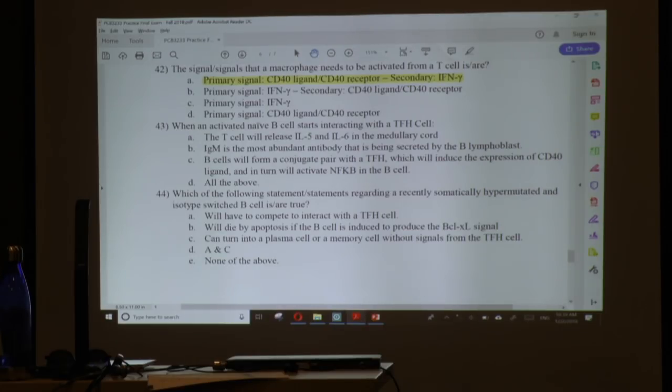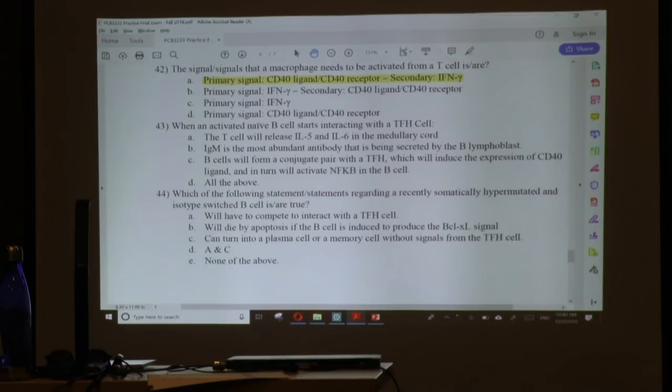B cell activation? Remember, when the B cell came out of the follicle after somatic hypermutation and isotype switch, you needed CD40 ligand interaction. CD40 is on the B cell, CD40 ligand on the T cell, so that the B cell gets the survival signal, BCL-XL, and it can live, basically, right?